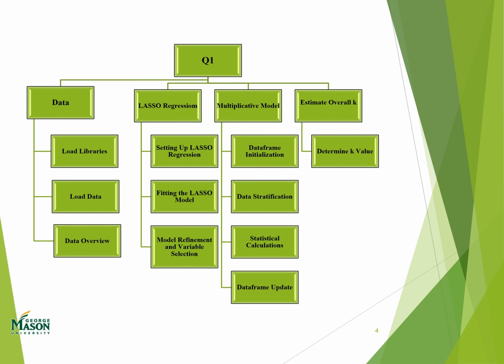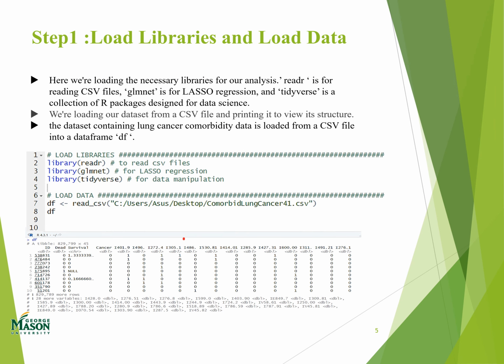The next part is a multiplicative model, which has data frame initialization, data stratification, statistical calculation, and data frame update. And the last part is estimate overall K, which has determine K value. We're following these steps to answer the questions.